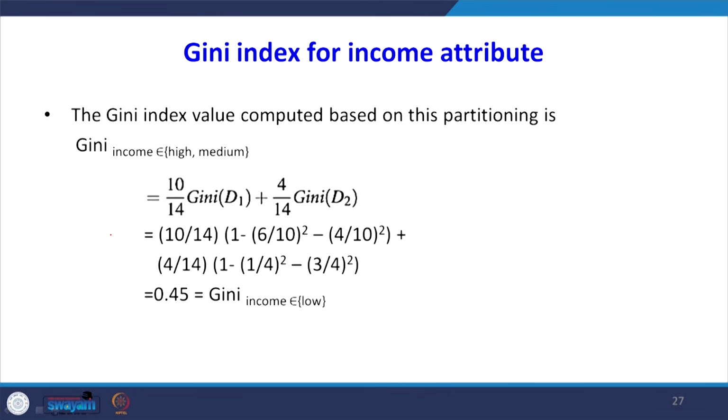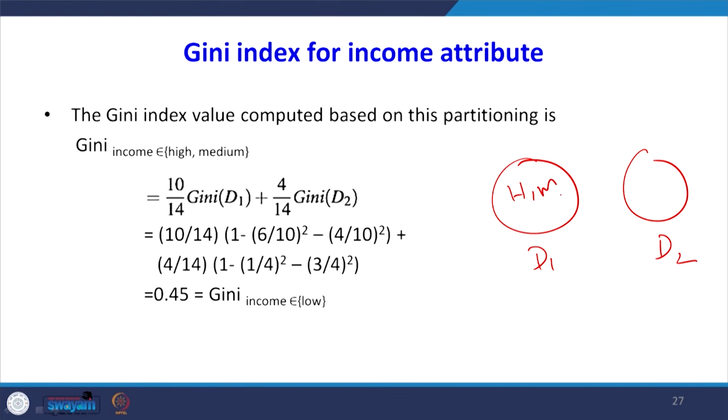Now we will find the Gini index value computed based on this partitioning for income. We have 2 categories, D1 and D2. In D1 we have high and medium, in D2 we have low. Now for high and medium, let us find the Gini index, because 10 out of 14 comes under high and medium.